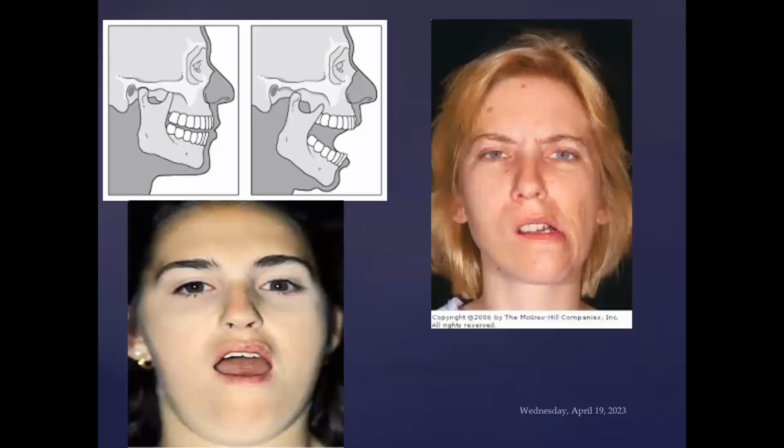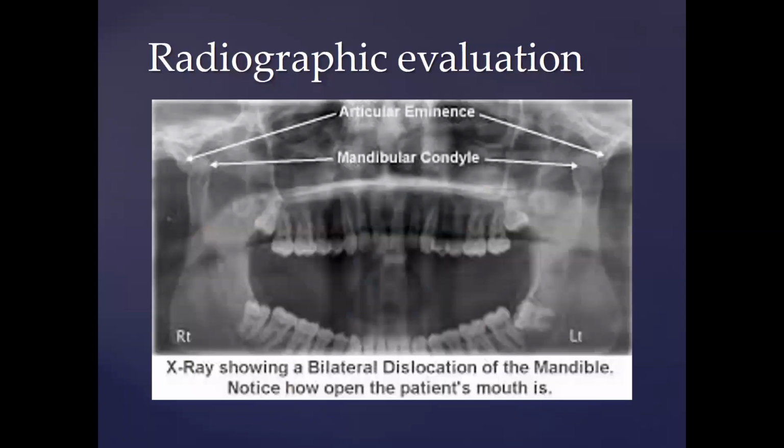So these are the photographs which you can see. The patient below has an open bite, so it is bilateral dislocation. Whereas the patient on the right side of the screen shows unilateral dislocation. You can appreciate the deviation of the mandible to the normal side.